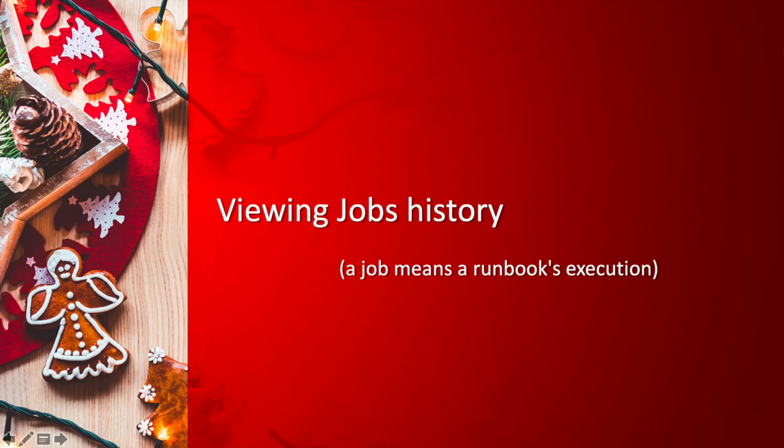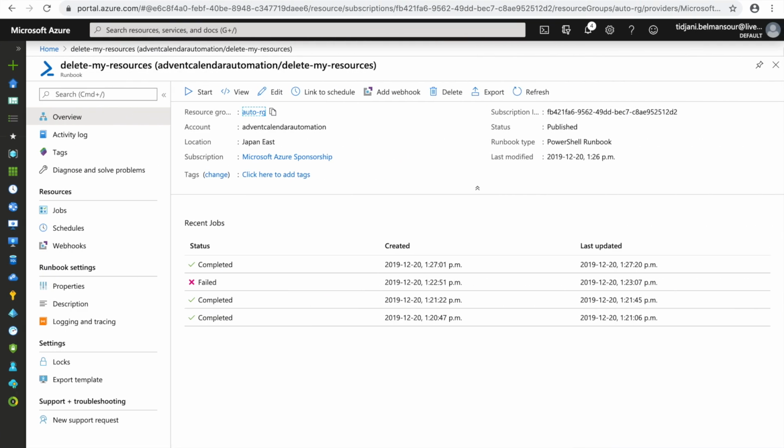Viewing jobs history. A job means a runbook's execution. Once our runbook runs for a couple of times, we can see the history of its executions.